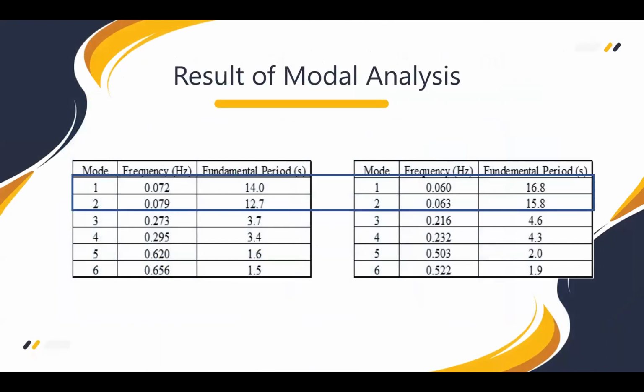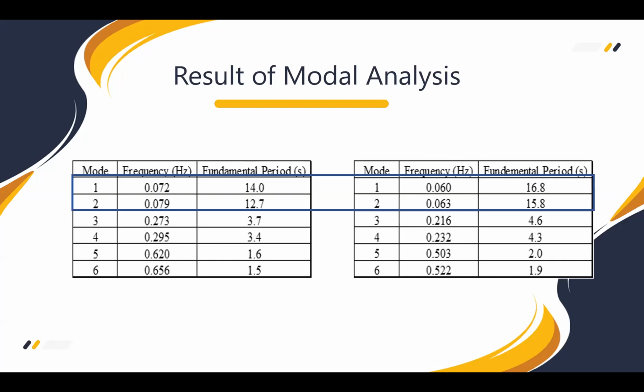Okay, so at the end of the analysis, we came out with 2 tables that contain the natural frequencies of the structure for mode 1 to mode number 6. The table on the left-hand side is for the structure without the pile foundation, and the table on the right-hand side is for the structure with the pile foundation system.